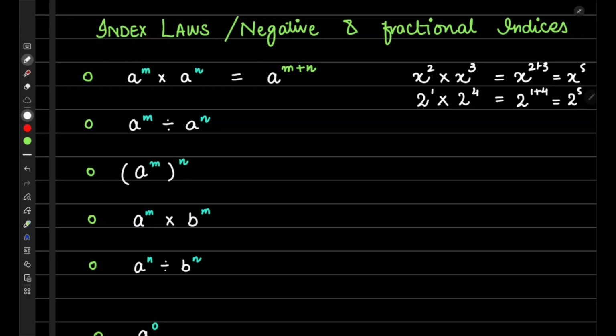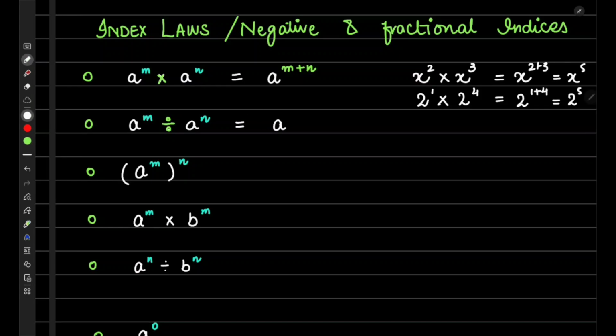Now let's talk about the second law. If two numbers, two variables, two bases that have the same base but different powers are divided, you are going to subtract their powers.